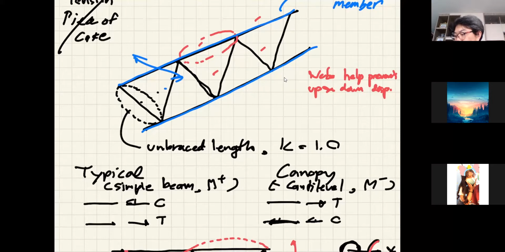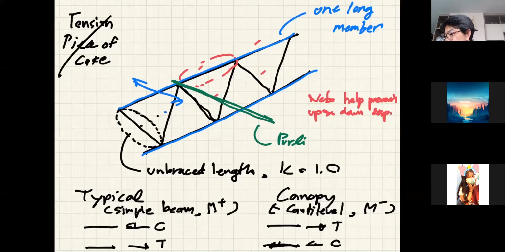If you have purlins coming in like this, the purlins that sit on the top chord can help prevent the movement of the truss in and out of its own plane, because you need to connect the purlins to the truss.